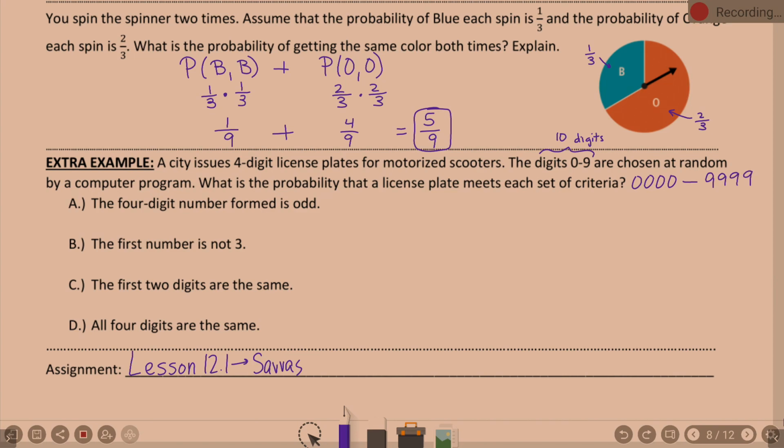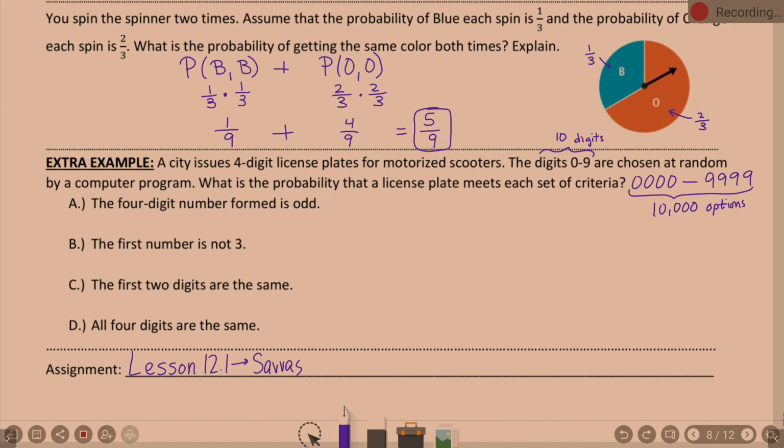Okay. So those are your choices. How many options are there? Yeah. This is basically this 0 you have to add on at the end. This is 10,000 options. Okay? That's a lot, isn't it?